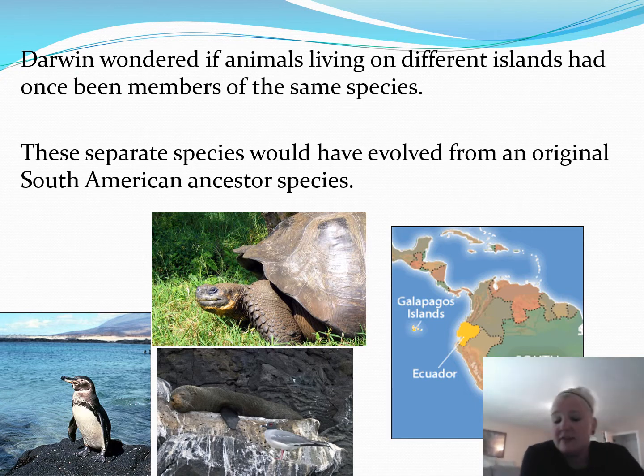So maybe these tortoises initially came from an ancestor that lived on like the main continent of South America. So we would call that a common ancestor, just like me, my dad, my grandpa have a common ancestor. We have way back in the bloodlines, we're all related to the same person, even though we're from the same family. A better example would be like cousins.